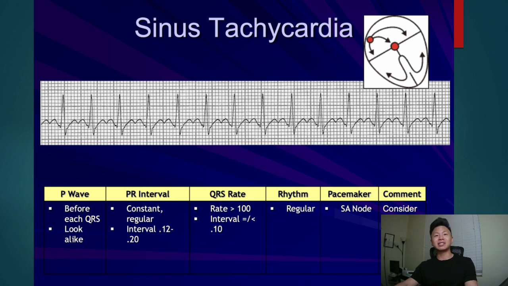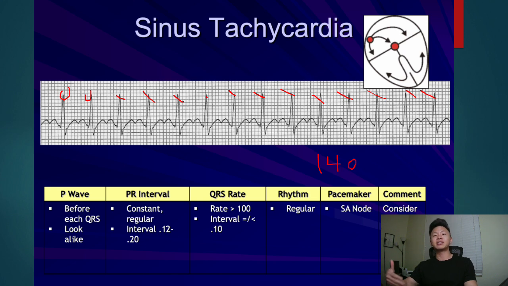The conduction is exactly the same, but one thing that we find is we have 1, 2, 3, 4, 5, 6, 7, 8, 9, 10, 11, 12, 13, 14 spikes on your 6-second strip. 14 times 10, we have about 140 beats per minute.